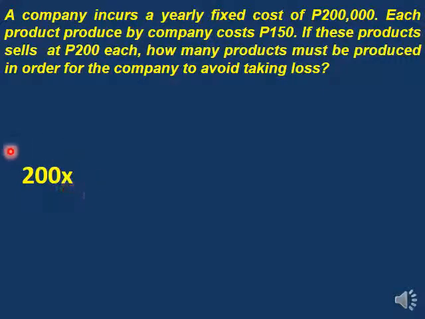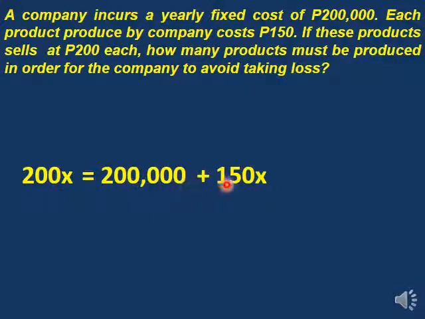This is the total revenue. Our cost, we have the fixed cost of 200,000 plus the variable cost, since each product costs 150 to produce, times X of these products. This is the total variable cost. Solving for X, we get 4,000 of these products.